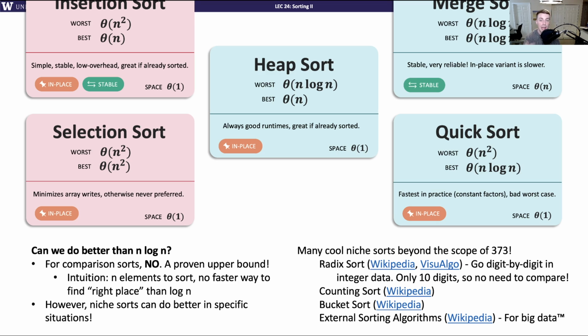But they're very different and don't work in this very generic setup that comparison-based sorting does. If I had to recommend one that you might be interested in, I would look into radix sort. It's really interesting how it works. We're not going to talk about it, but it's a very popular one of these niche sorting algorithms. I have links to some of these other algorithms that we're not going to discuss if you're curious about learning more.